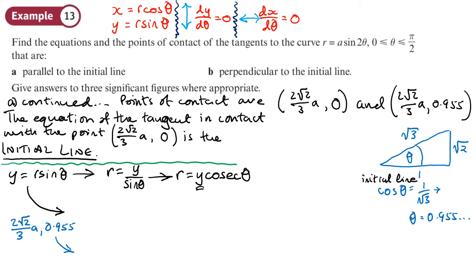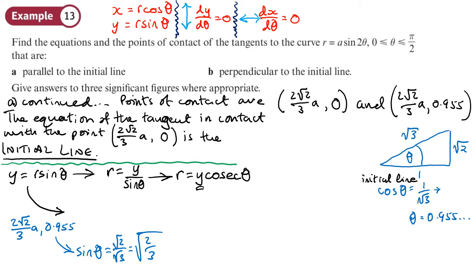From that I can say that sine theta, the sine of that angle, using the triangle that I've got here, is going to be root 2 over root 3, opposite over hypotenuse. So root 2 over root 3, or you could just say root 2/3. So when we come to substituting sine theta, we'll use this root 2/3 as the exact value.